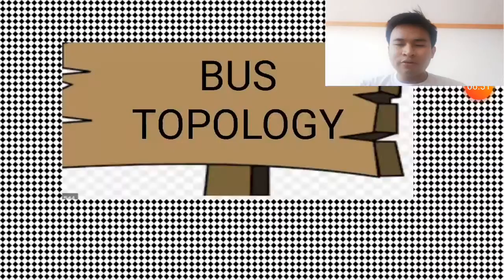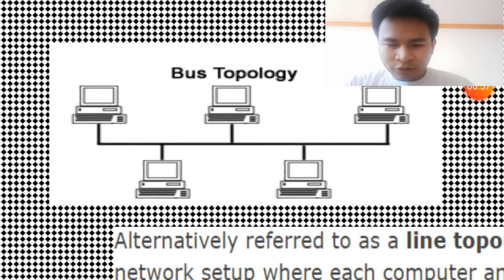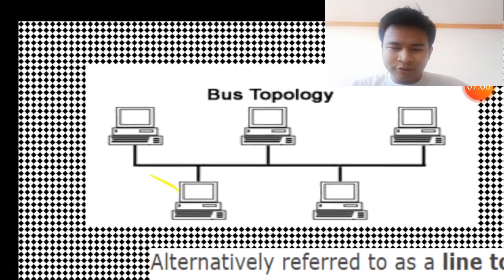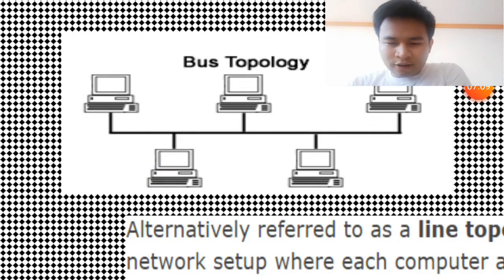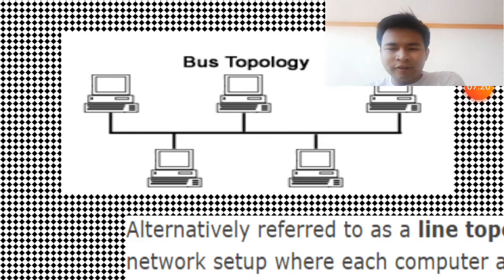For example, the first computer sends data to the second computer, as you can see in the highlighted yellow line. I send my data from the first computer to the second computer, and the second computer receives my data and sees what I sent.